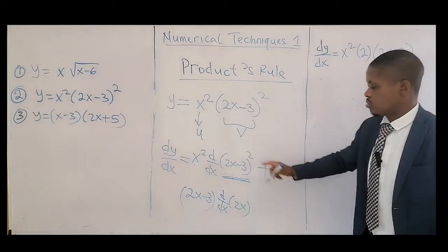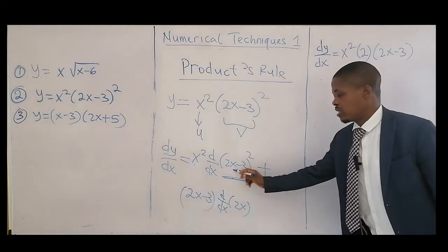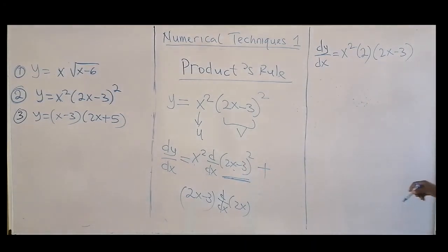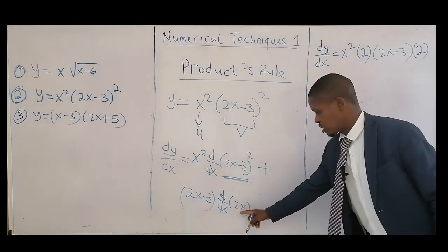Then 2 minus 1, power 1. So that's 1. So we don't need to put it there because anything to power 1 is that number. And then times the derivative of the base of that function. That's what? The derivative of 2x minus 3 is what? Is 2. That's 2. And then plus the derivative of x squared here is 2x.